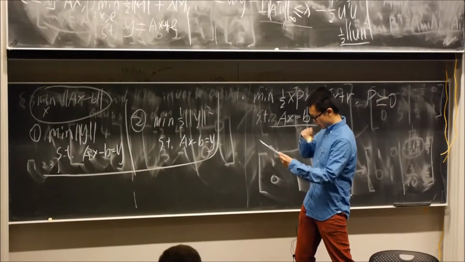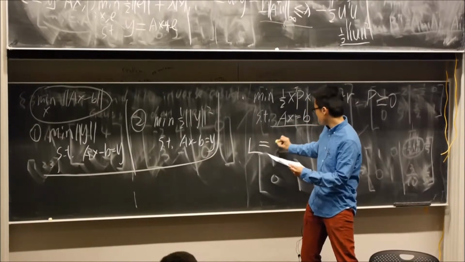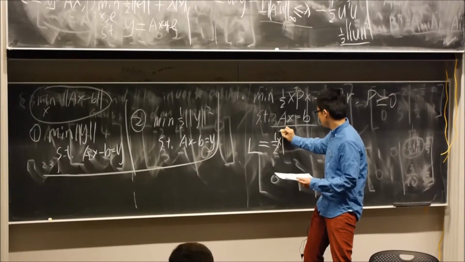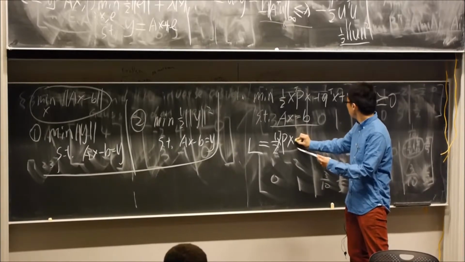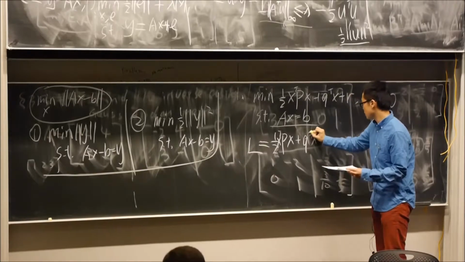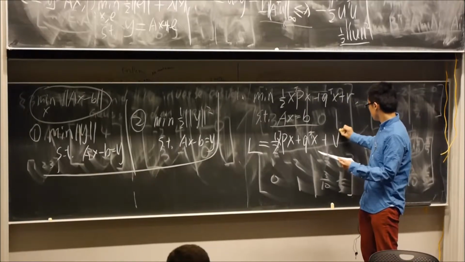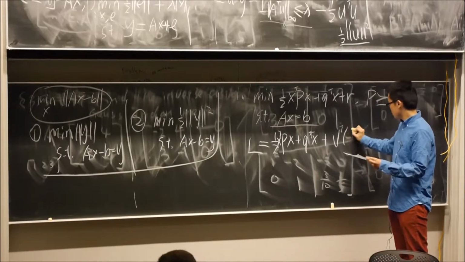So the Lagrangian, again, the Lagrangian of this thing is half x P x plus q transpose x. I ignore r because it's just a constant, and this v is a dual variable.